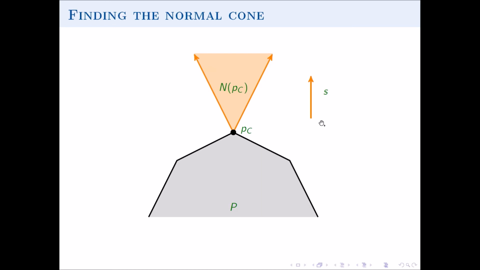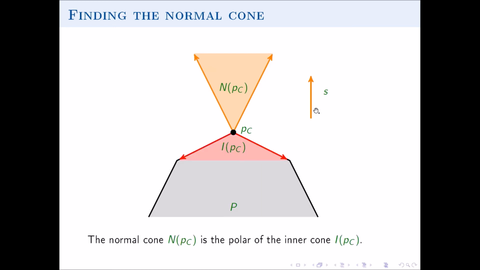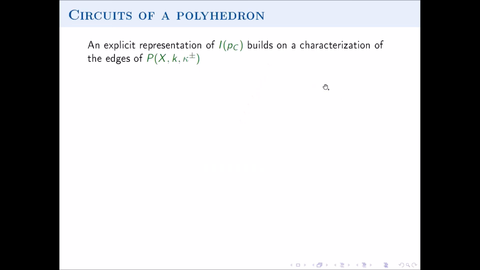So what can we do? Well, we can try to characterize it through finding the inner cone and taking the polar. So we are interested in the edges of this polyhedron so that we can do all of the nice things that I talked about before.